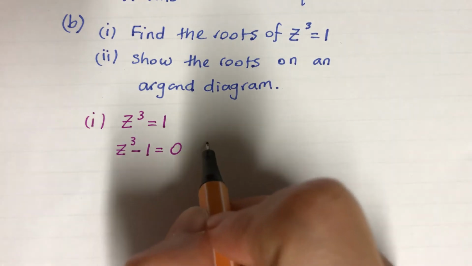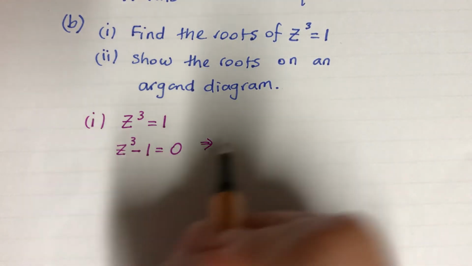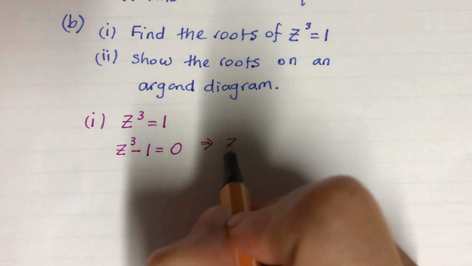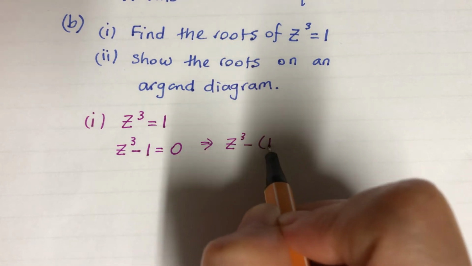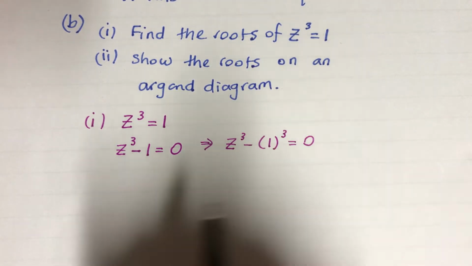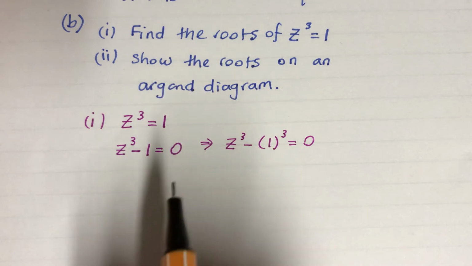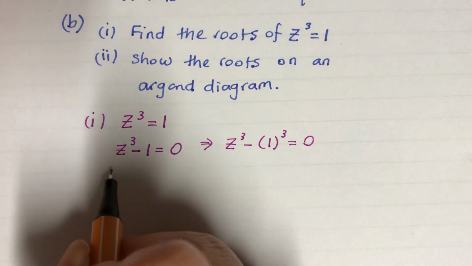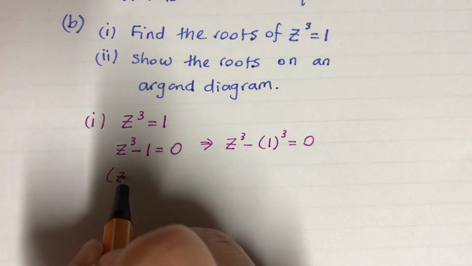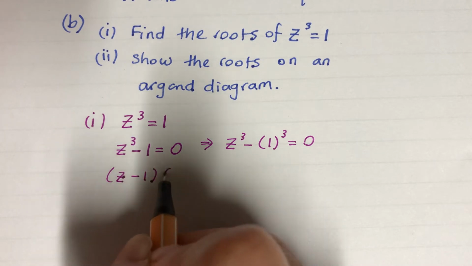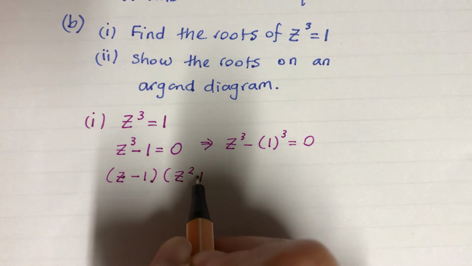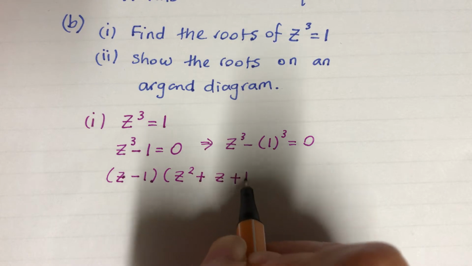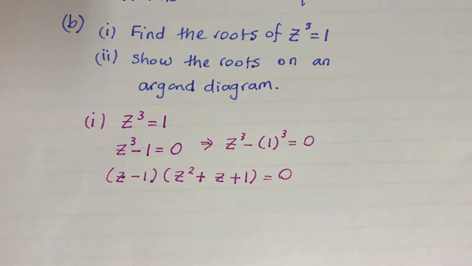That's the difference of two cubes, isn't it? So we can use the previous identity there. So it'll be (z minus 1)(z squared plus z plus 1) equals 0.